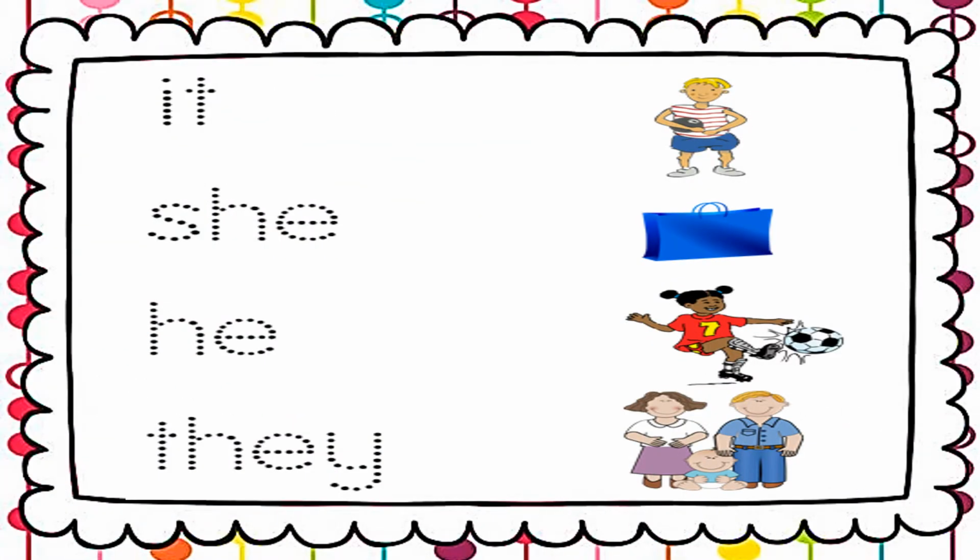Let's try to match the pictures with the pronoun. First, we have it. What picture do we match it? The first picture, the second, the third, or the fourth one? Correct, the second picture. Now how about she? Is it the first, the third, or the fourth picture?